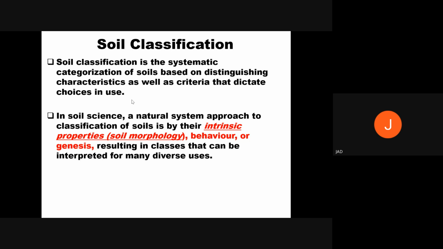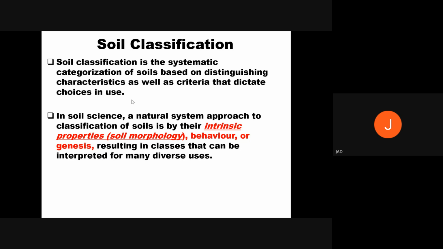Then we also have what we call the genesis, the history of the soil formation itself, or the timeline of formation, which can be used to classify the soil type. So this results in classes that can be interpreted for many diverse uses in soil science. So the key things that we use are the property, the behavior, then the history of the soil itself.